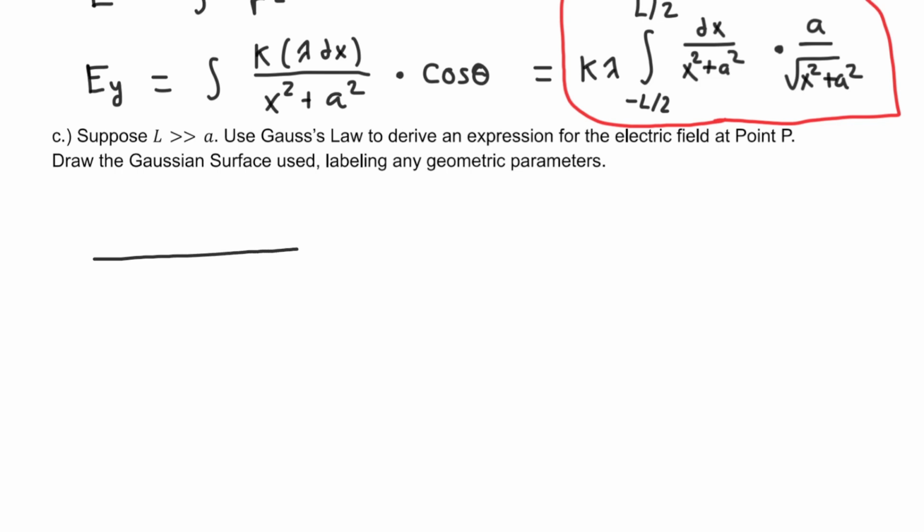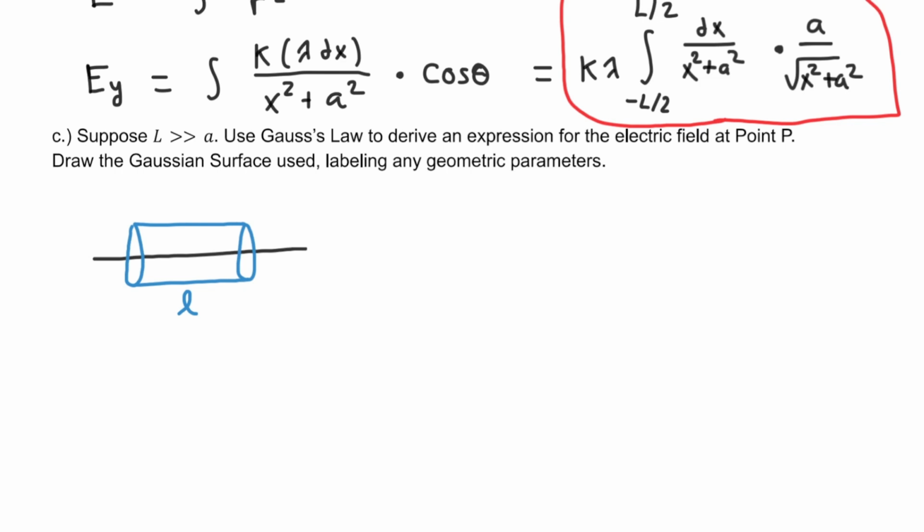So if this is our rod, and we want to find the field a distance a, the trick for Gauss's law for a wire, our magic surface to draw, would be a cylinder of arbitrary length. It really does not matter. So this length L of the cylinder doesn't matter, which means it better cancel, because I just made this length up.